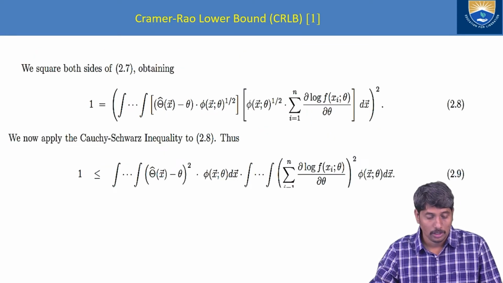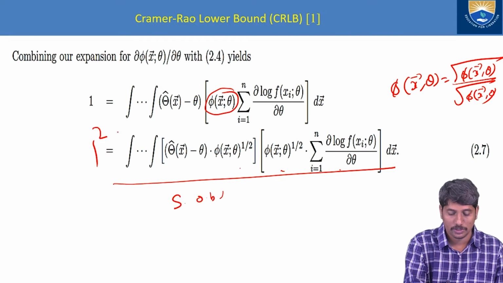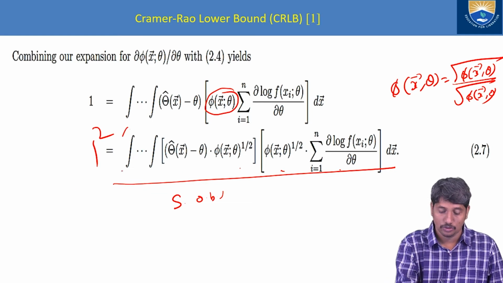So now let us square both sides. Squaring on both sides means we can understand it as a whole square, right?